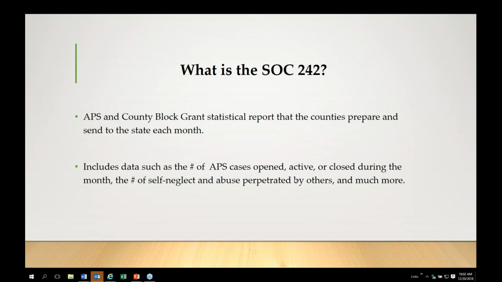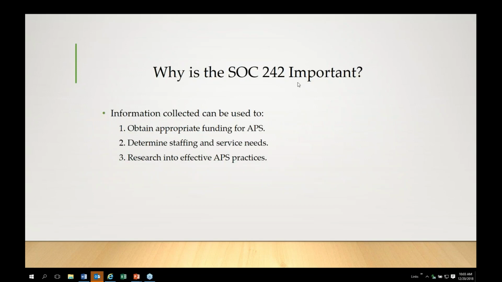And it includes things like how many cases did we open, how many cases were closed, how many self-neglect cases were confirmed, how much abuse was perpetrated by others, and so on. So it's really all the information about the work you do that comes to the state of California.